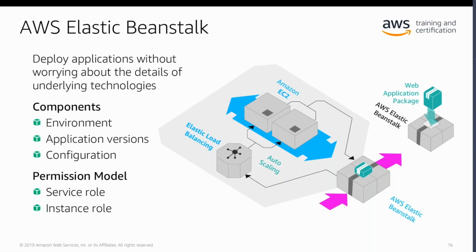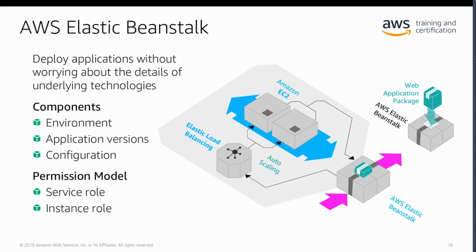Along with applications and versions comes a configuration, and configurations are just what should I do when I start this particular environment? Maybe there are some file permissions I need to set. Maybe there are some users I need to create. Maybe there are some configuration files I need to build when starting this particular version of the application. That configuration goes along with Elastic Beanstalk.